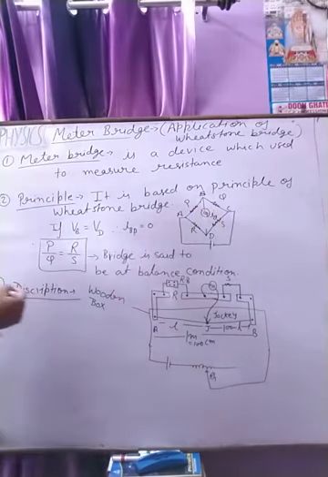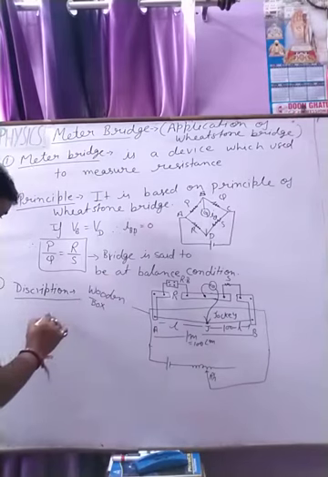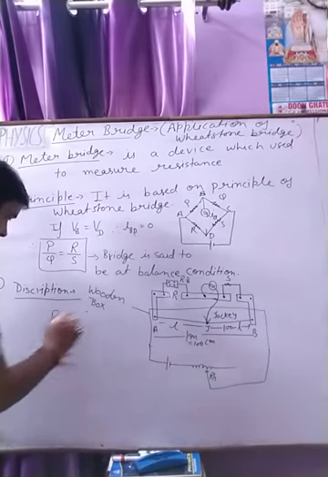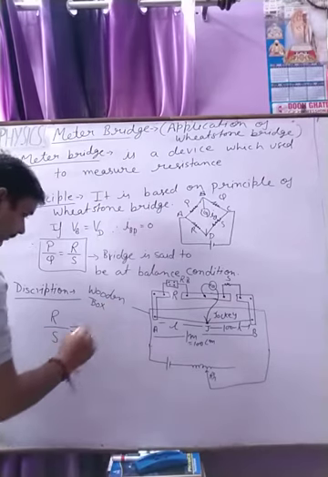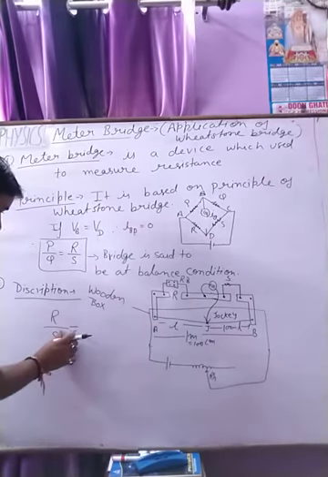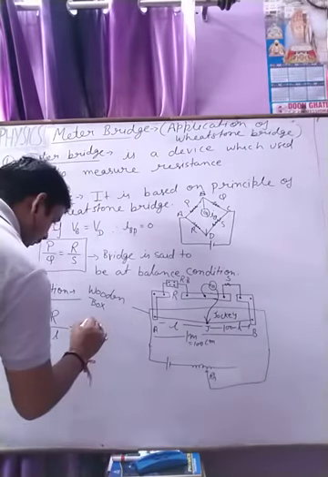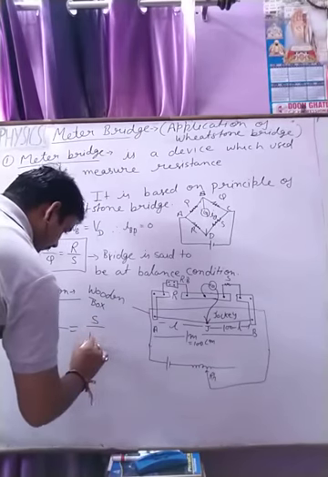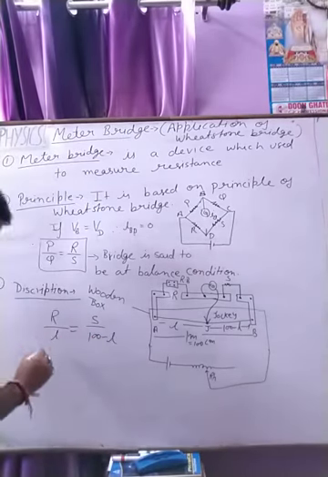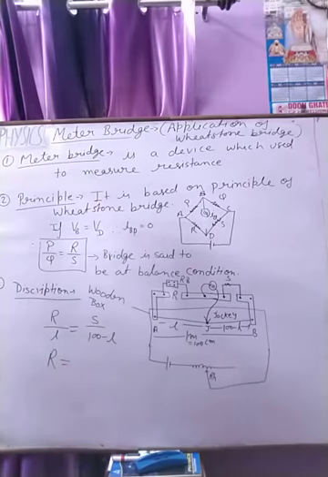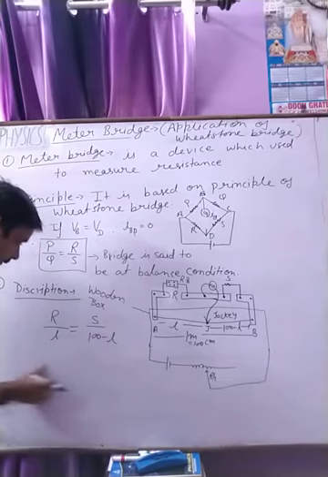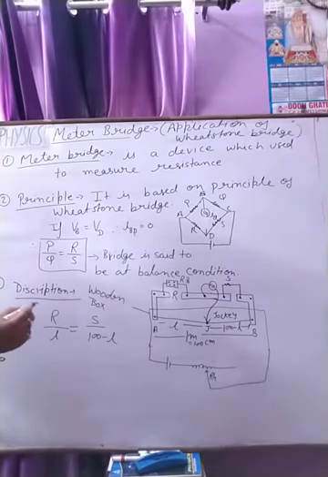Therefore, resistances in series are in the ratio, so R upon S is equal to L upon 100 minus L. This gives the condition.